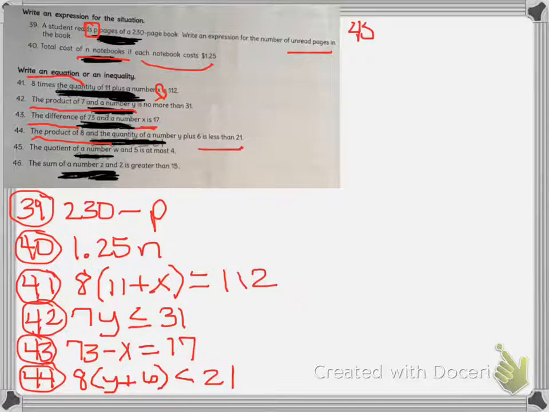Now let's take a look at 45. The quotient, so we know there's going to be division there, of a number w and 5 is at most 4. So the quotient of a number w, our numerator, as we talked about before, and we draw our line, 5 is at most.